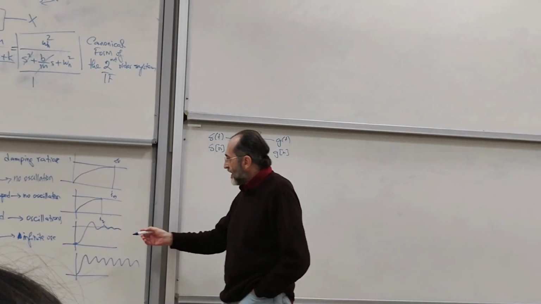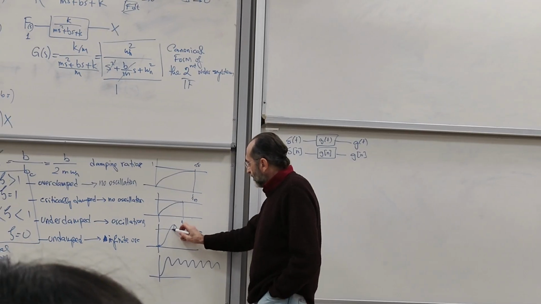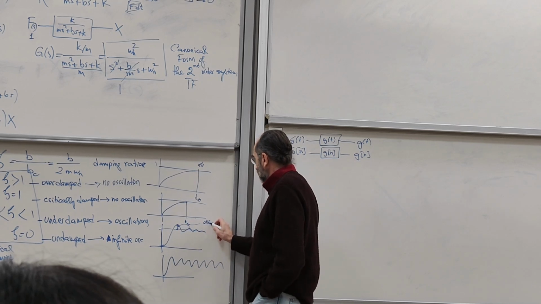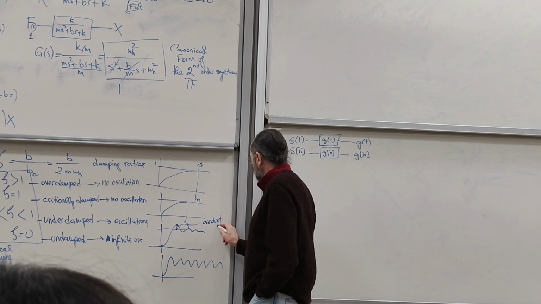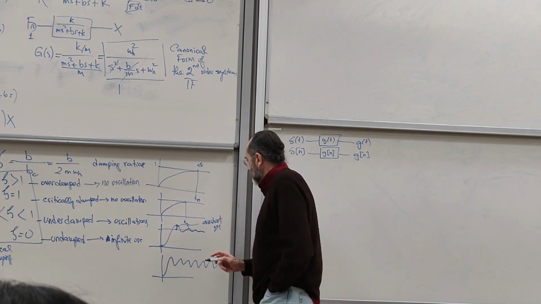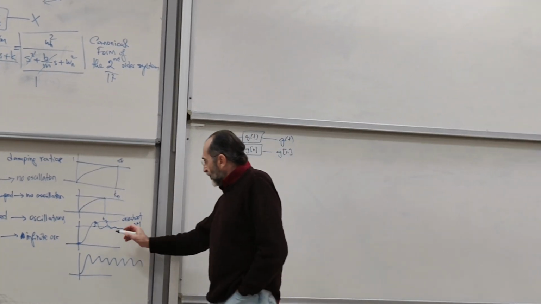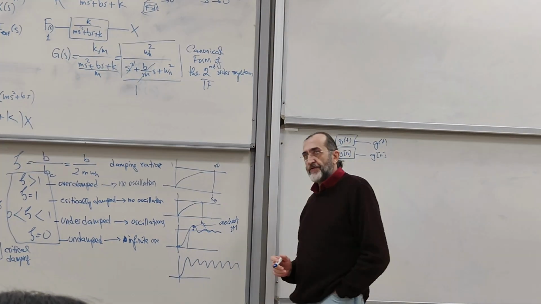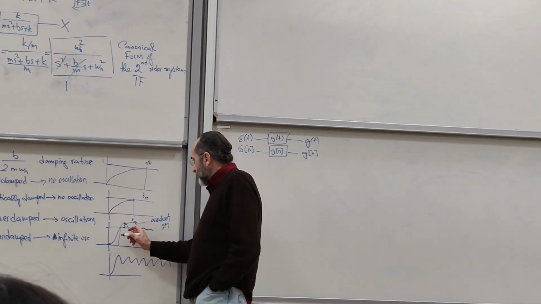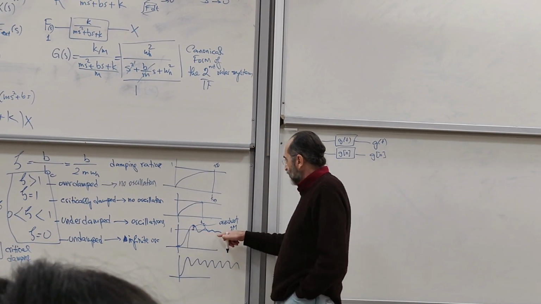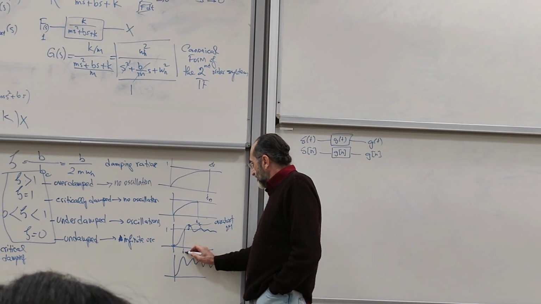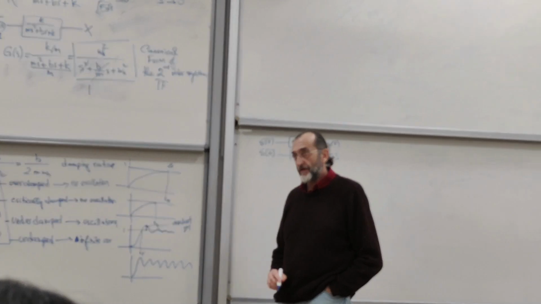For example, how much do we want this, what we call overshoot? This is 10%. Where do you want it to cross the line that it's supposed to settle into?